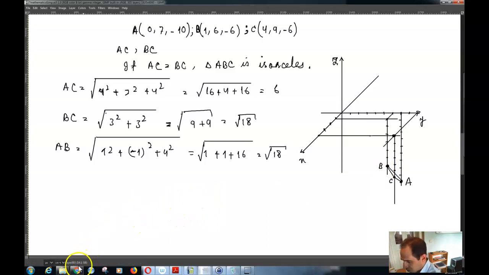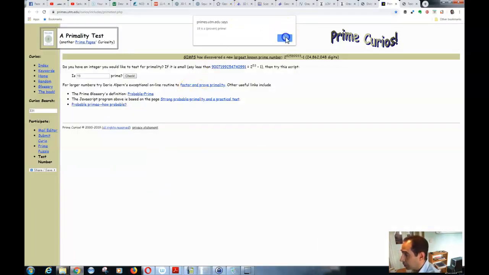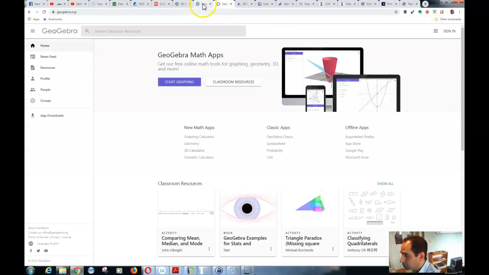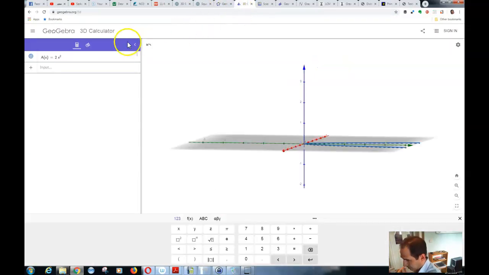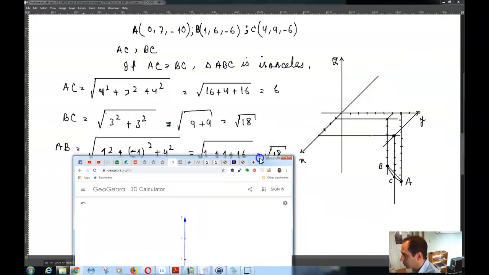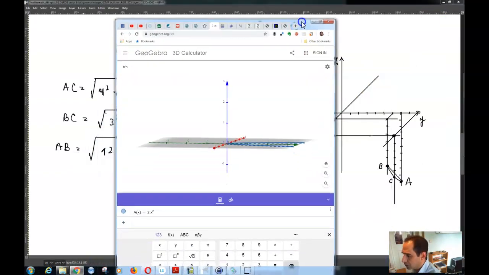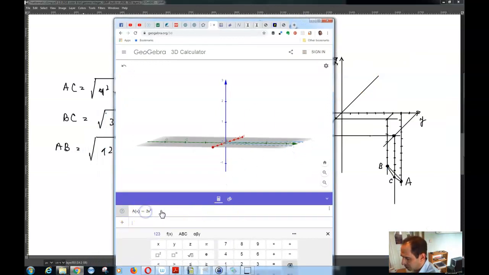So what you can do, you can use Geogebra. You can use Geogebra and write over here the points that you have basically. So the points are 0, 7, negative 10, for example.